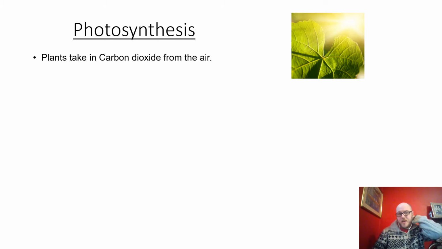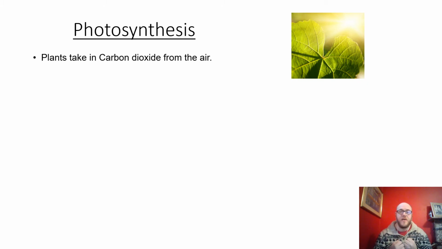What do they do? Well, they make the sugar, the glucose, that actually makes cake tasty. And they do this by taking in sunlight and combining that with water and carbon dioxide, and they create food. So the plants take in carbon dioxide from the air.